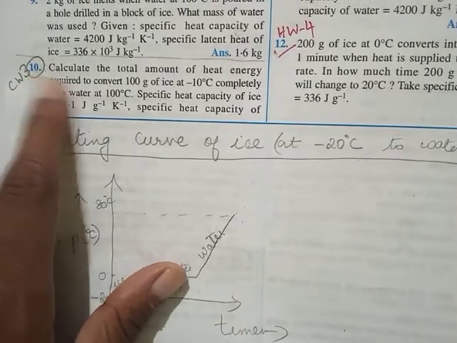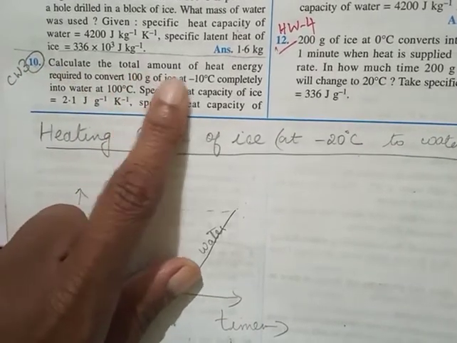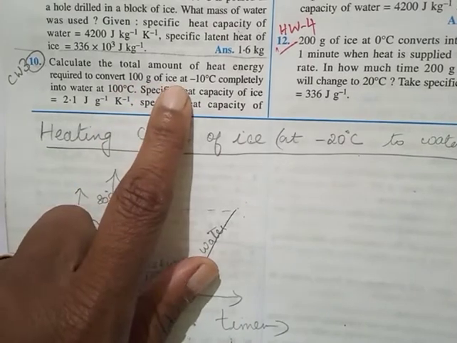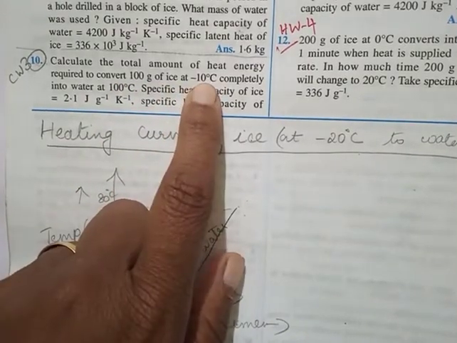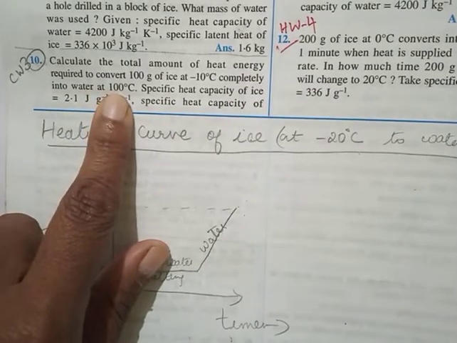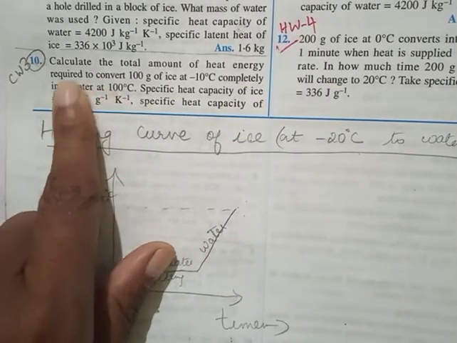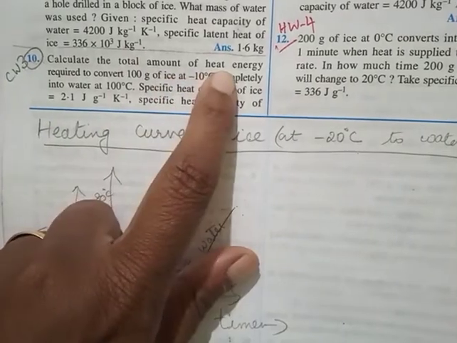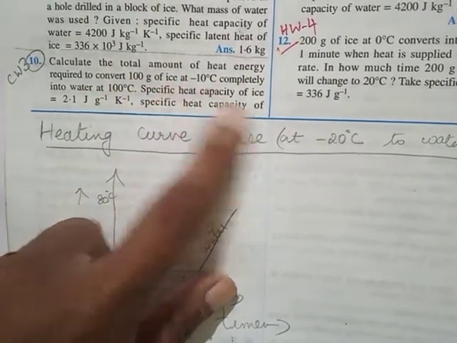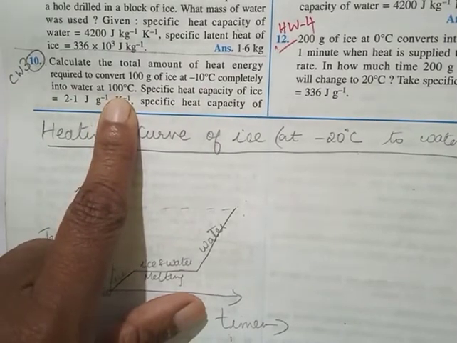Question number 10. Calculate the total amount of heat energy required to convert 100 gram of ice at minus 10 degrees Celsius completely to water at 100 degrees Celsius. Amount of heat energy required to convert 100 gram of ice at minus 10 to water at 100 degrees Celsius.